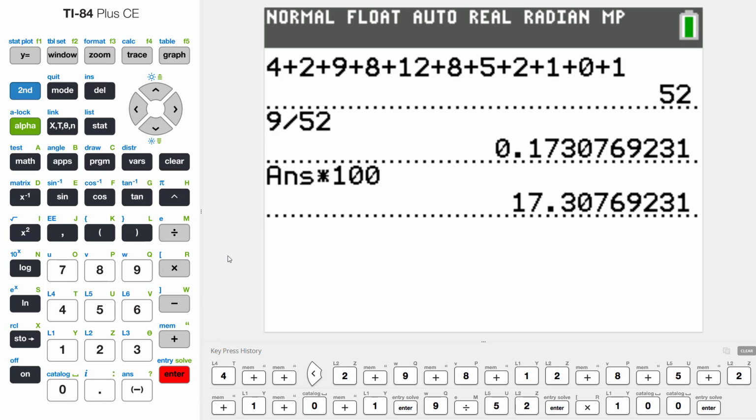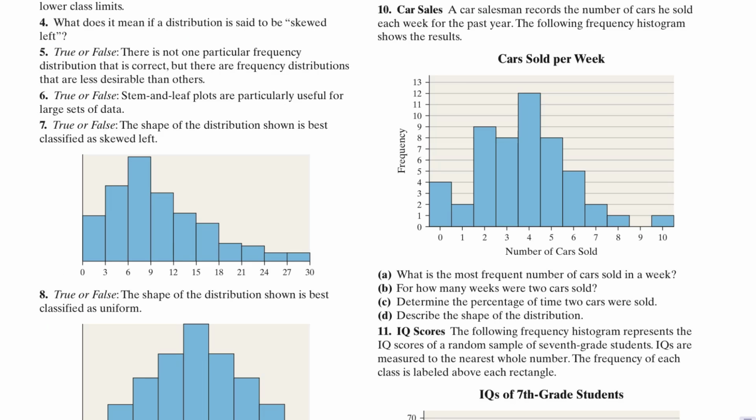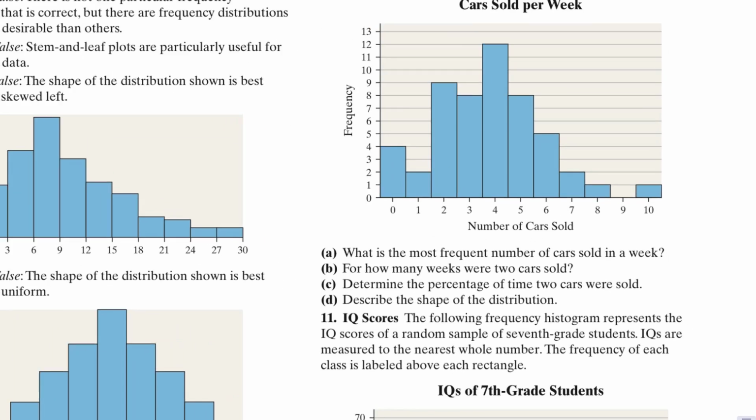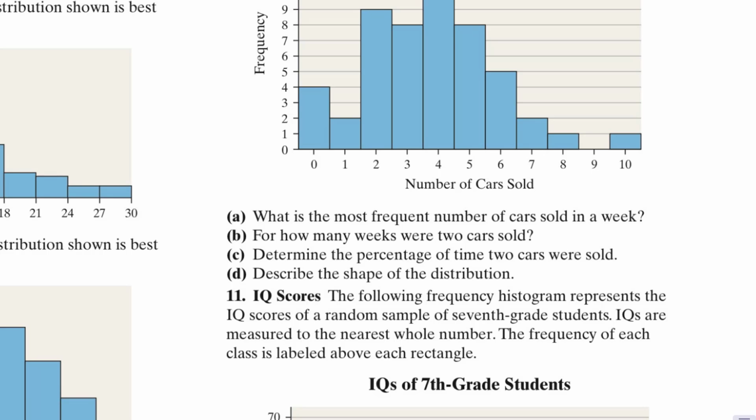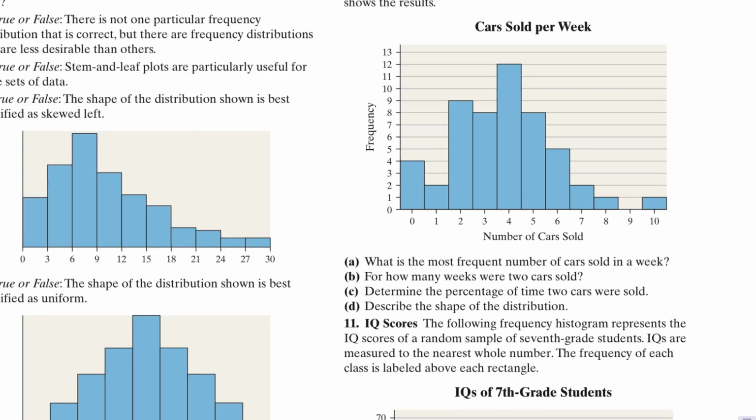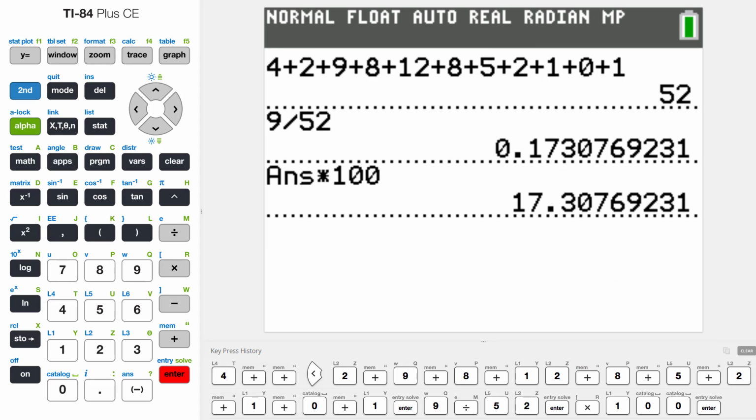If you look at part C here, it doesn't explicitly say how to round. So I would try to err on the side of caution and render it to a couple of places at least. Let the reader decide if they want to round it. So I would answer that as 17.31%, and I would be very comfortable doing that. More than that, I could live with it, but less than that is kind of harsh. So relax when it comes to rounding.